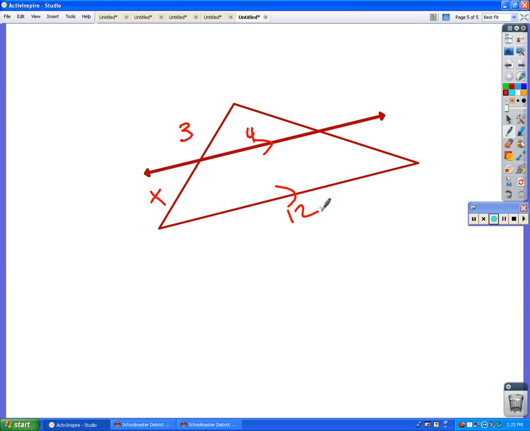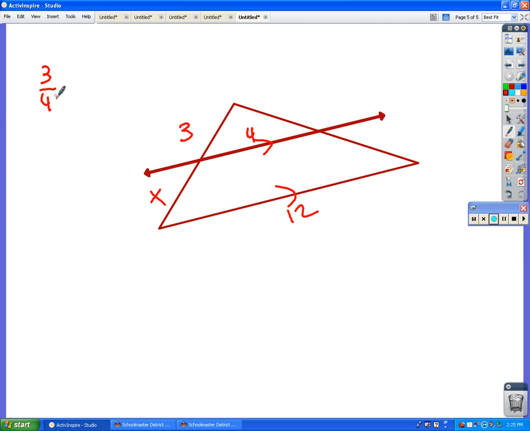So now if I want to figure out what x is, can I go 3 over 4 equals x over 12 in this case? No. Okay? Because this is the side of the triangle and this is the side of the triangle, so I need to use the entire side of this triangle over the entire side of this triangle right here. Okay? So give me a proportion that I can use to figure this out.